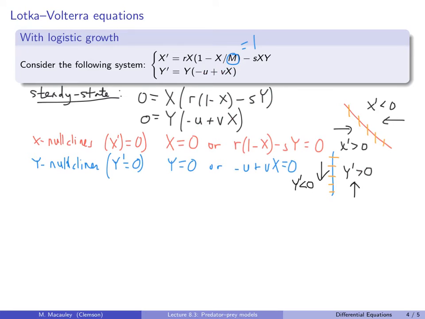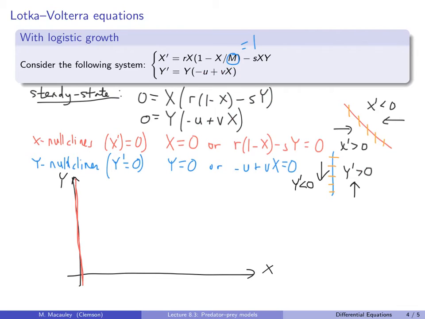Okay, so let's plot this now on the xy plane. So here we have the y-axis, here is the x-axis. We don't know what the values are, and that's fine. So the x nullclines, one of them is x equals 0. That is a vertical line.